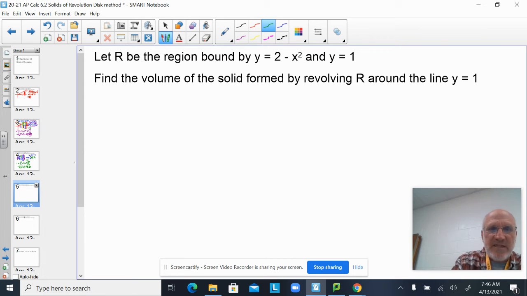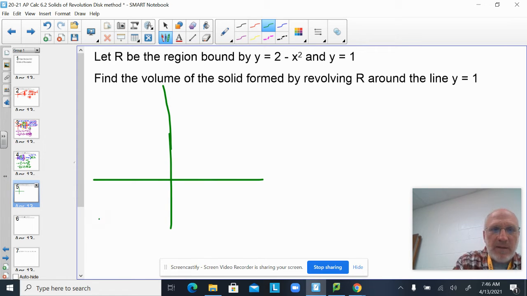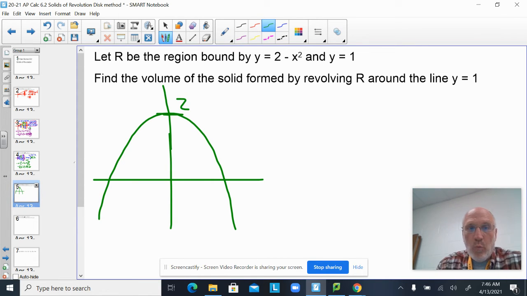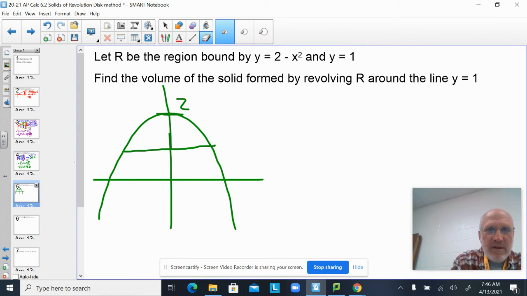So let's sketch this. 2 minus x squared looks something like this, where that would be 2. And y equals 1 is just this line right here. So there's my region. Actually, I'm going to erase the part of this function I don't need, because of the constraints of this problem.